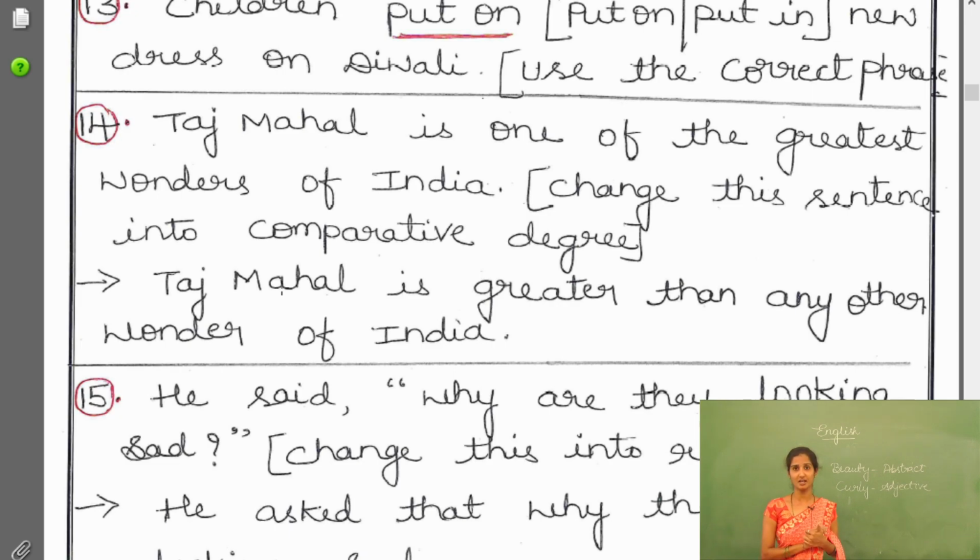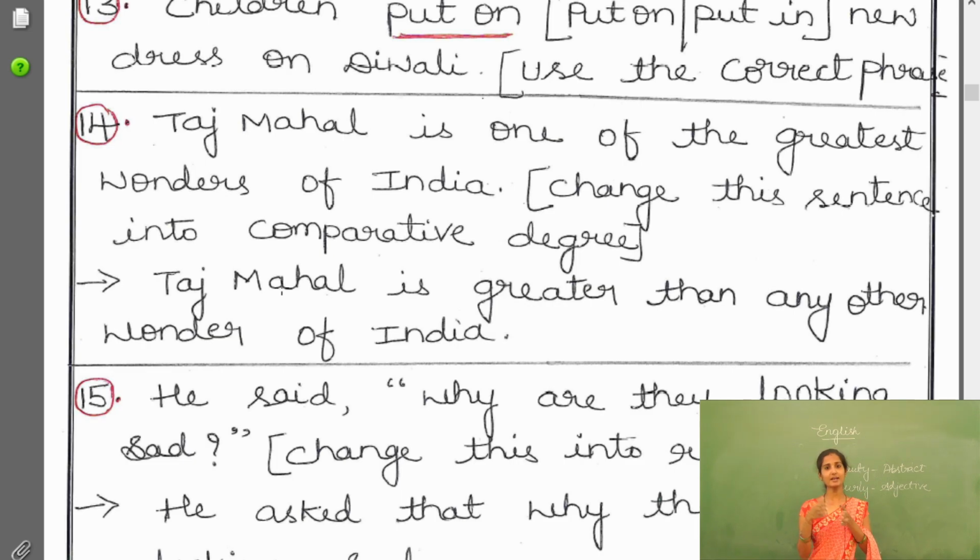Observe the adjective there first. Which is the adjective there? Yes, correct. Greatest. Greatest is the adjective and it is in the superlative form. You all know how the adjectives are formed, right? So greatest is the superlative, comparative is greater, positive is great.